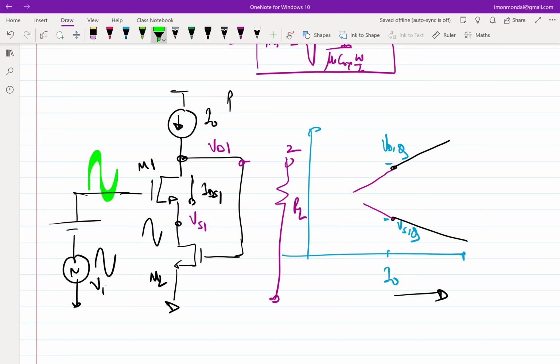Where VI is the gate voltage. What am I inherently saying the source voltage should do? It should be grounded incrementally. Correct? So what can we do to ensure that VS1 is grounded incrementally?